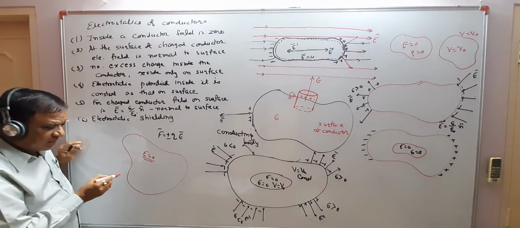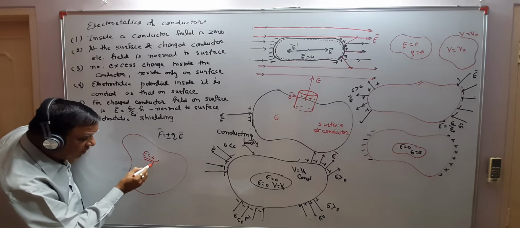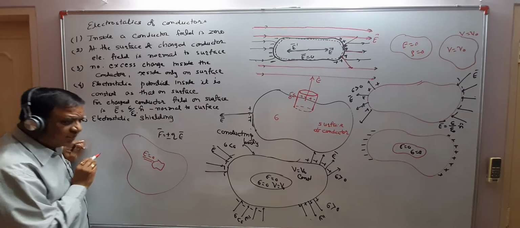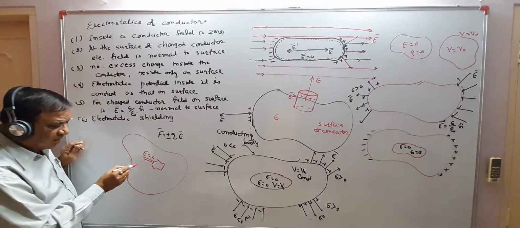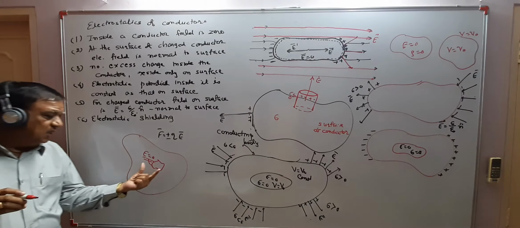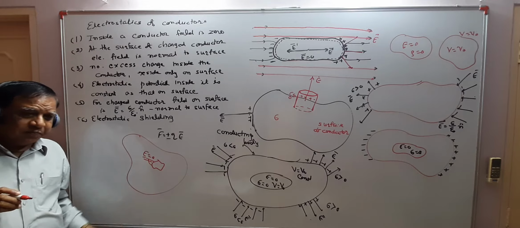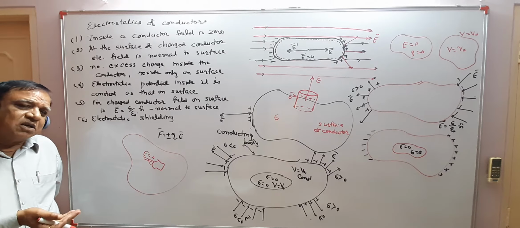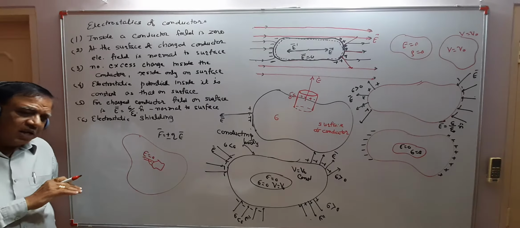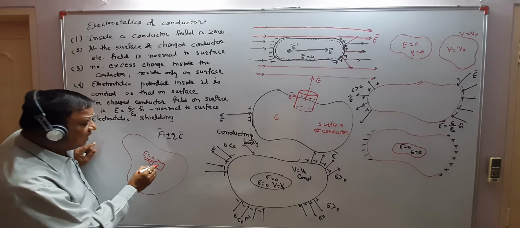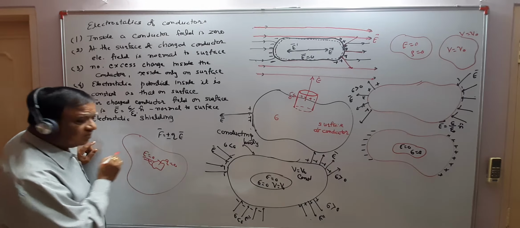Suppose we are taking any small volume segment inside the conductor, at which the field is already zero. In this small segment, the number of electrons or negative charge and positive charge are equal. So the net charge is already zero.